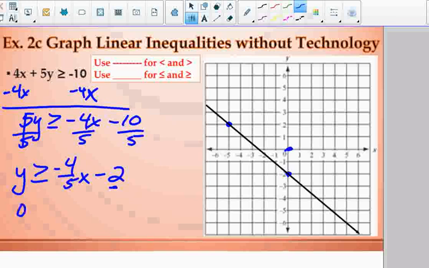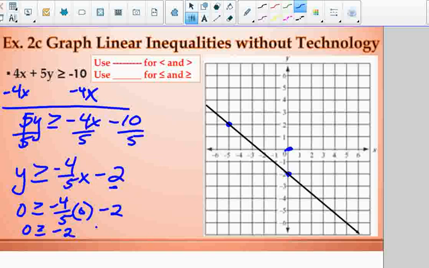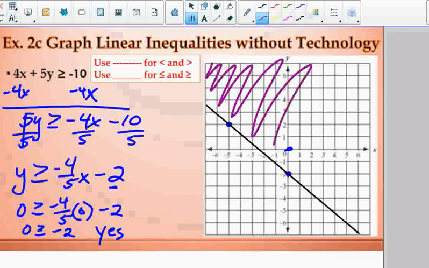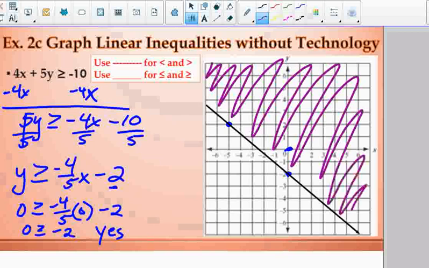I put 0 in for y, I put 0 in for x, and I see if that is true. Is 0 greater than or equal to negative 2? Yes, that is. So I know that this side, everything above this line and on the line, is a solution to that inequality.